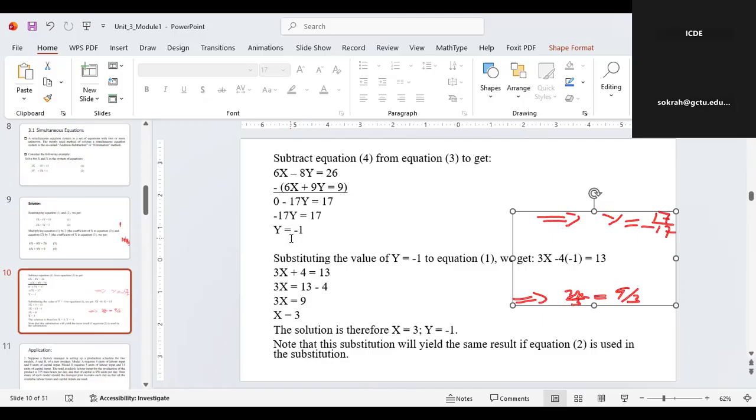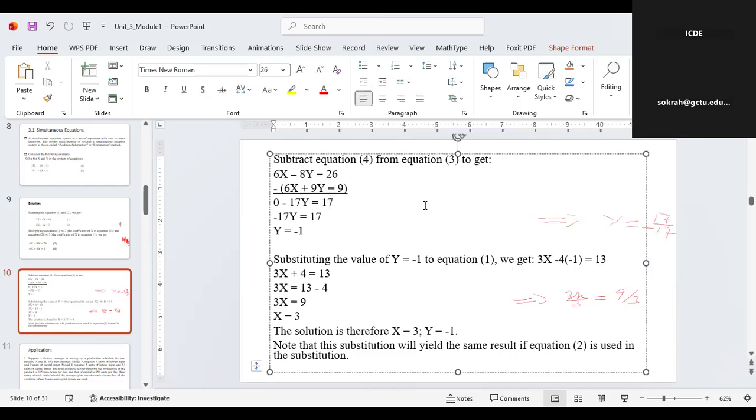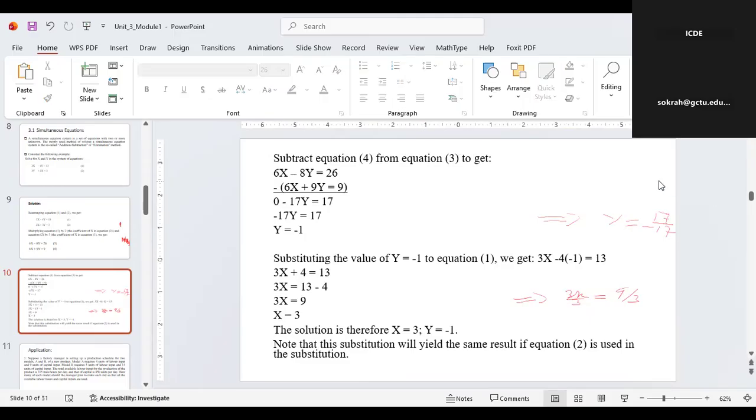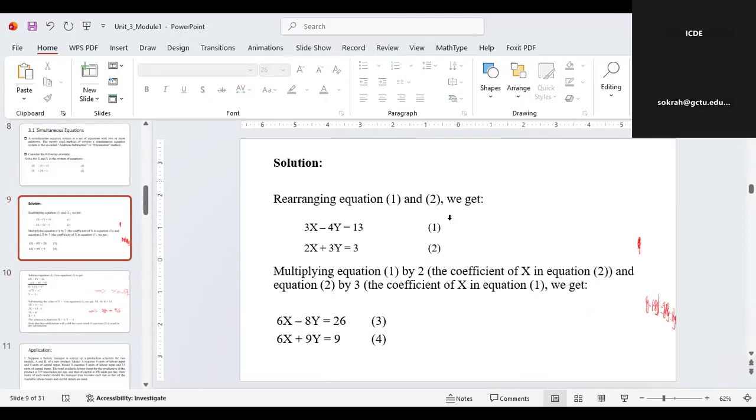Okay. So let me take you back to equation 1 so that you see it clearly. Look at equation 1. So I'll come back here. Wherever I see y, because now I know y is negative 1, I will replace y by negative 1 in this equation.